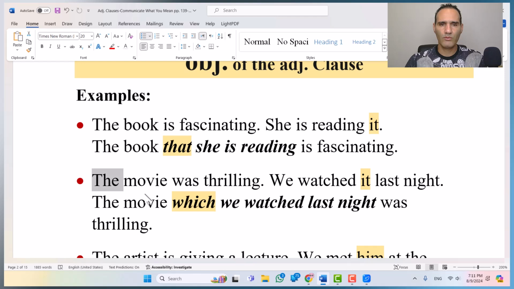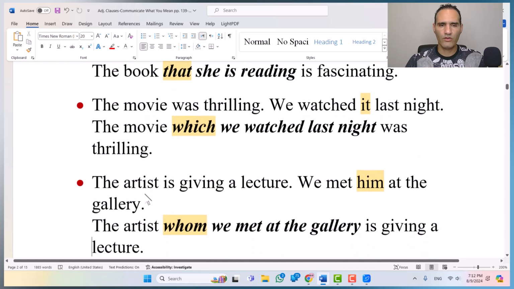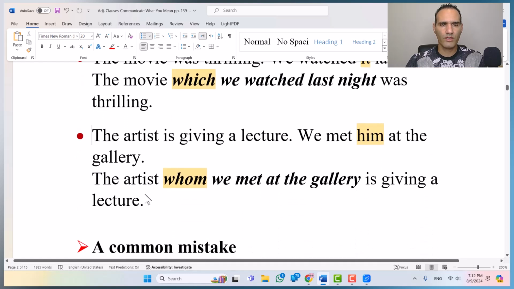Second example, the movie was thrilling, exciting. We watched it last night. So again, the same story. The movie which we watched last night, which relative pronoun has come instead of an object. We call it relative pronoun as object. And one for people with whom, of course. The artist is giving a lecture.